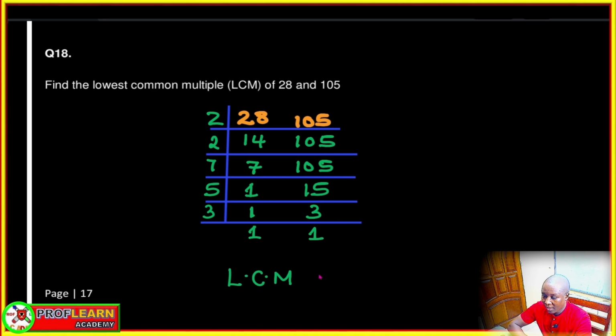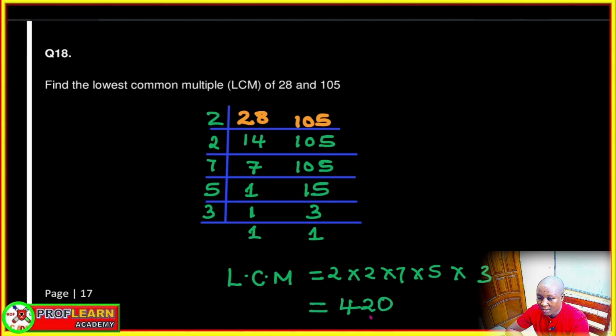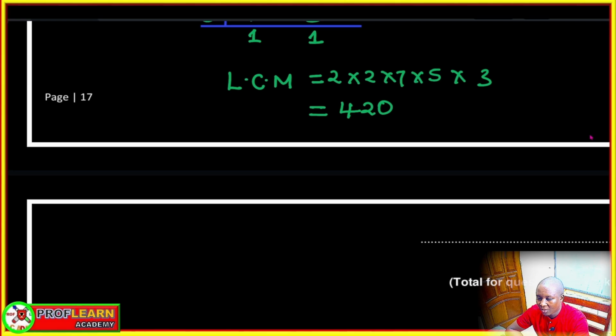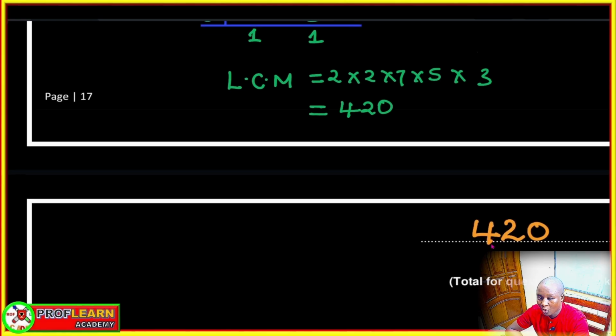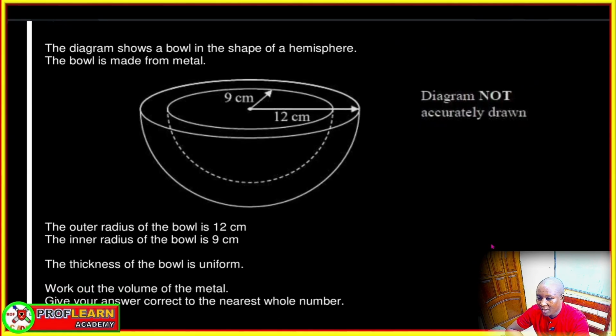To find the LCM, we multiply all these together. If you work it out, you get your final answer being equivalent to 420. You may be told to find LCM of numbers or highest common factor, so be ready for anything.